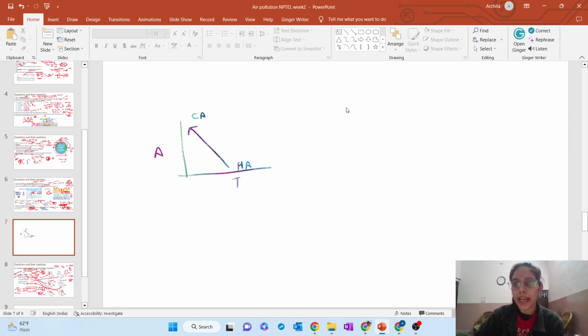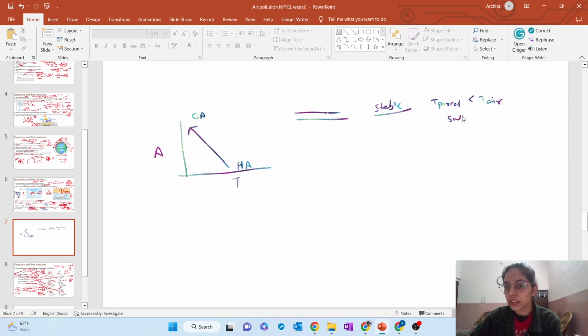In inversion, what happens is that a layer becomes sandwiched in the atmosphere, which leads to an extremely stable condition. We studied what a stable condition is: when the temperature of the air parcel is less than the surrounding air, it will try to sink.